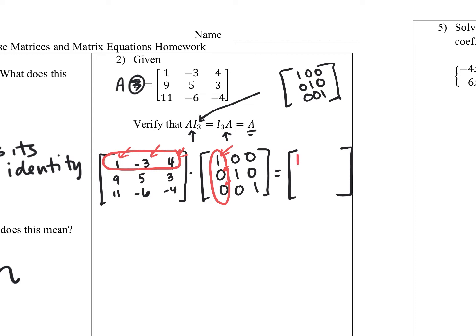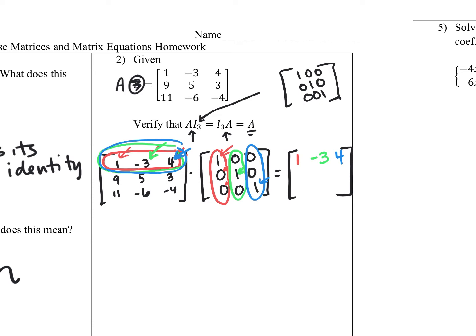And then we do that again. Same row, but we move over to the next column. And so again, multiplying by those zeros is going to make everything become 0, except for when we multiply negative 3 times the 1, we're going to get negative 3. And so we keep doing this process, the row times that last column. And again, the only one that's going to work out to be a number is the 4 times that 1. So we're going to get a 4.